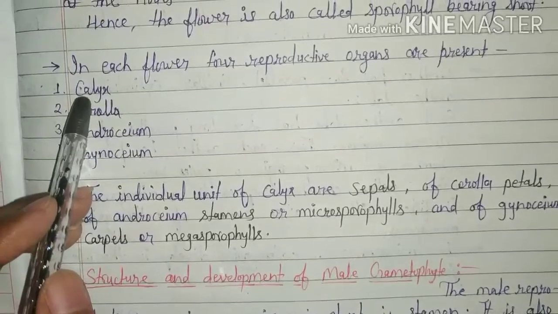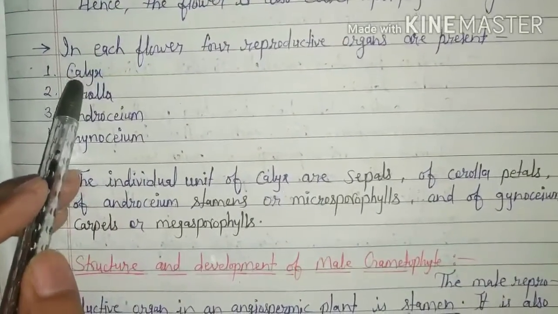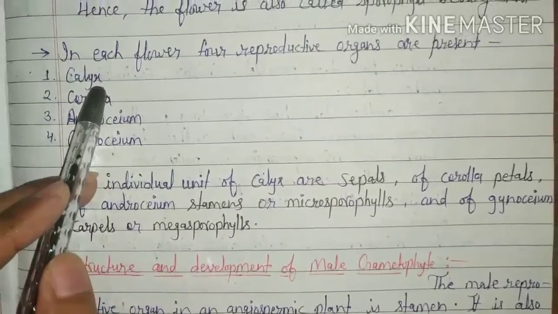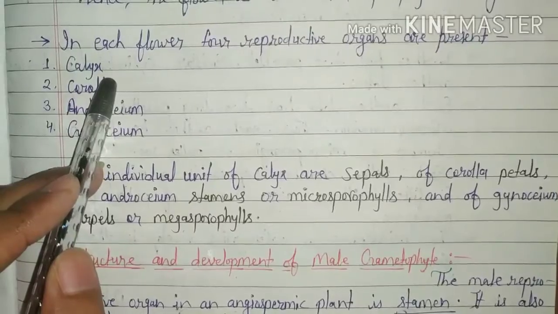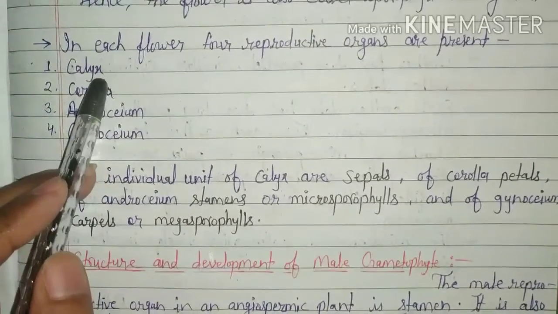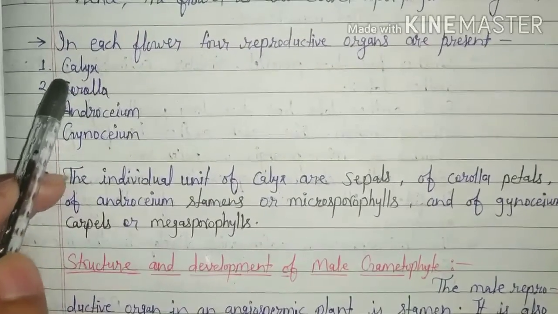Calyx is smaller than petals in size and always green in color. The number of calyx units is 5 to 7, and its main function is to protect the flower in bud condition.